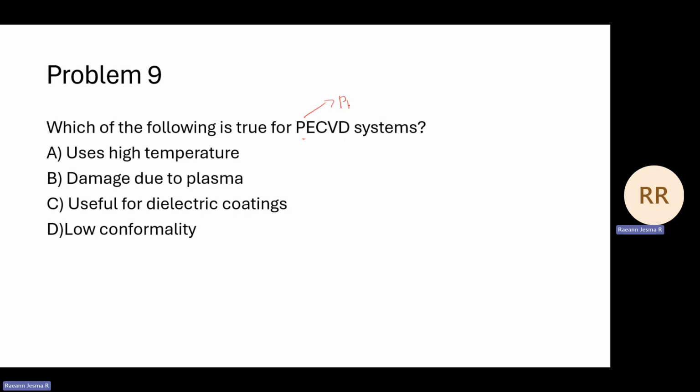We are providing the energy for the reaction by means of plasma. Which is true. It is.